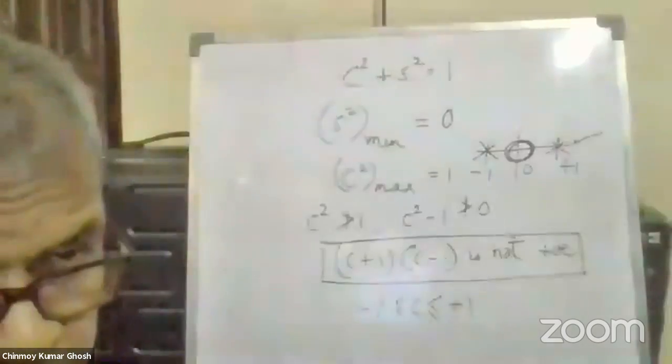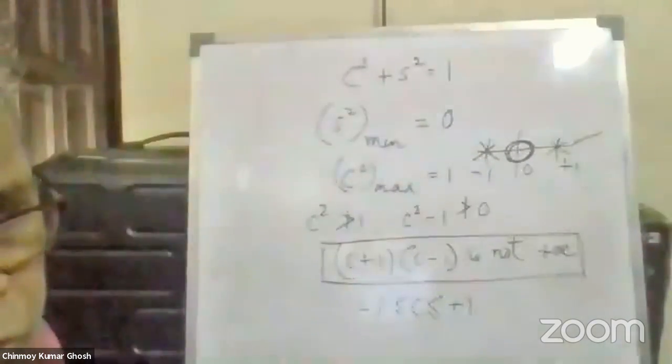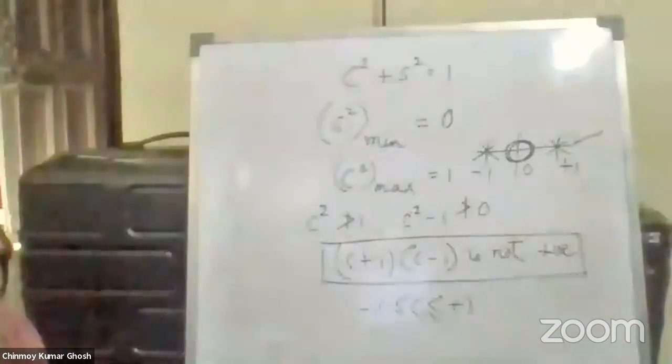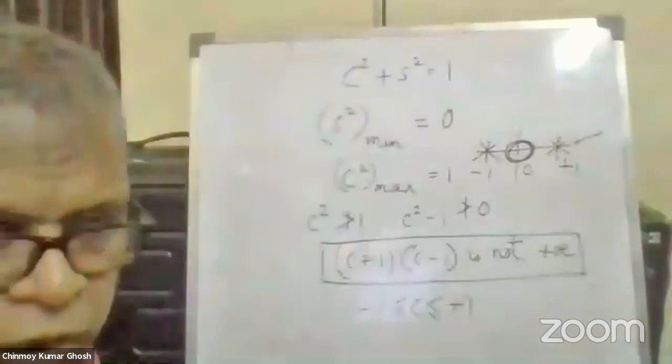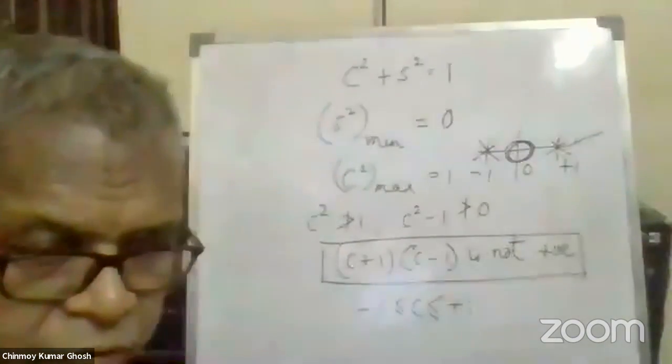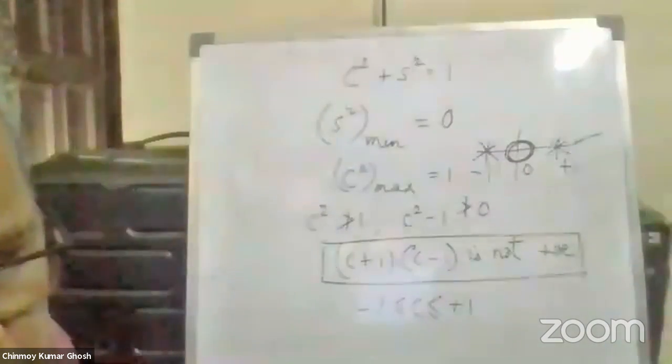And they will have to explain. They cannot just use their prior knowledge to say that the maximum value is 1 and the minimum value is -1. So these are two guiding questions, one regarding the definition of angle and another regarding the minimum and maximum value of cosine theta and sine theta.